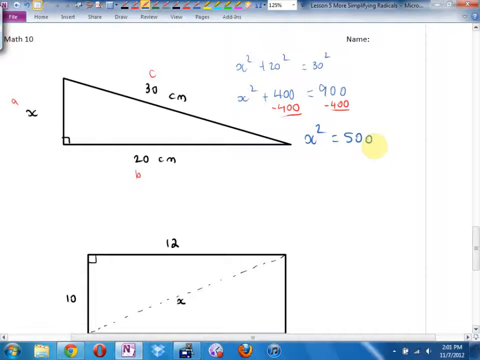How do I get rid of a squared? Brody. So I'm going to get this. X equals the square root of 500. And what we're saying is now we're not going to go to our calculator and say, oh, the answer is 21 point whatever. No. We're going to write this in simplest radical form. 500 is what times what?